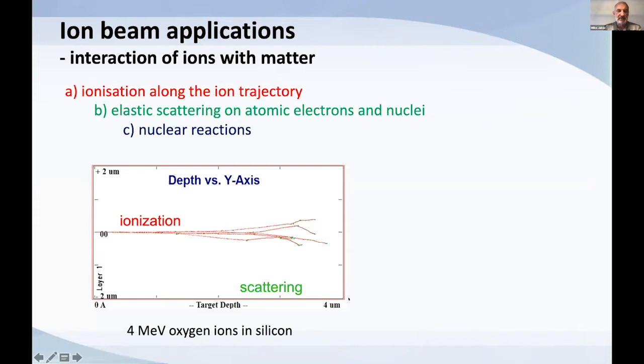Then you see also this green, less dense events. These are scatterings on atomic nuclei in the sample, which are less frequent, but there are quite a lot. And you can see that these ions remain on this trajectory, and they are all stopped in a certain volume.